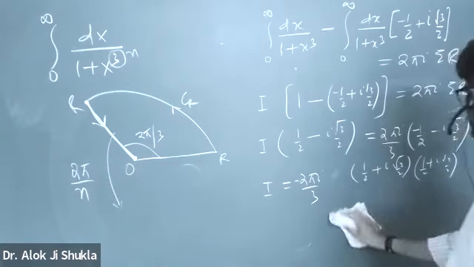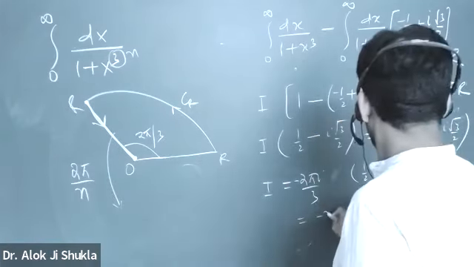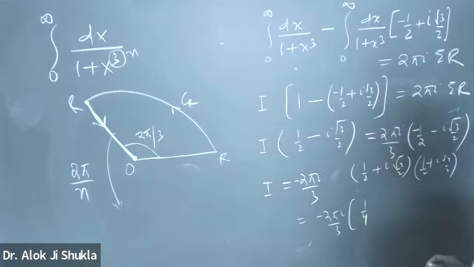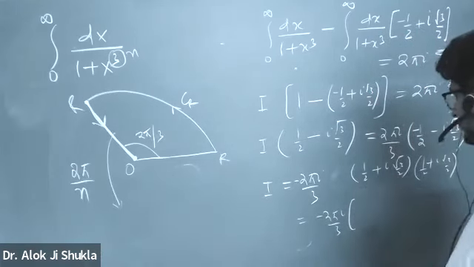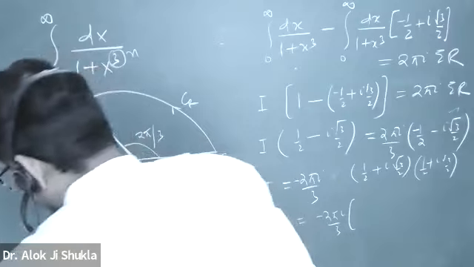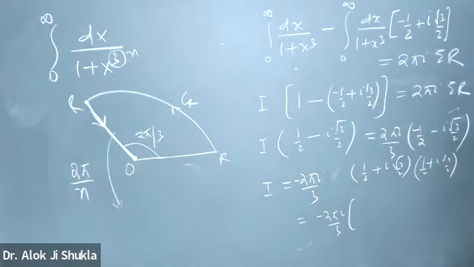And the numerator: 1 by 4 minus 1 by 2 plus iota root 3... 1 by 4 minus 3 by 4 plus iota. How much are you getting? Minus 1 by 2 plus iota root 3 by 2.